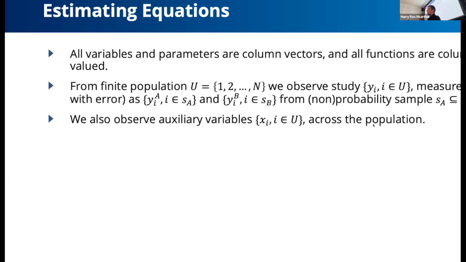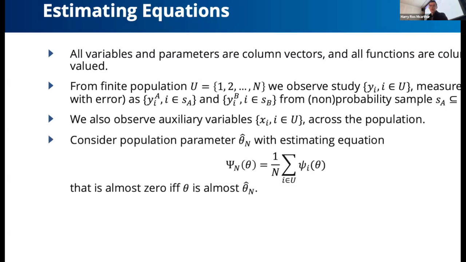There are lots of methods that say, if you know a bunch of other things about your units that you're studying, people, businesses, then there are methods to use the statistical relationship between those auxiliary characteristics and your study variable in order to reduce standard error even further on the statistics that you're interested in. So that's why that's important.